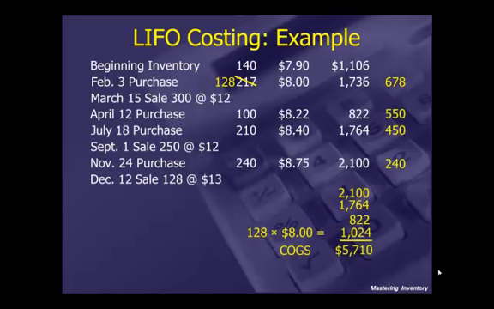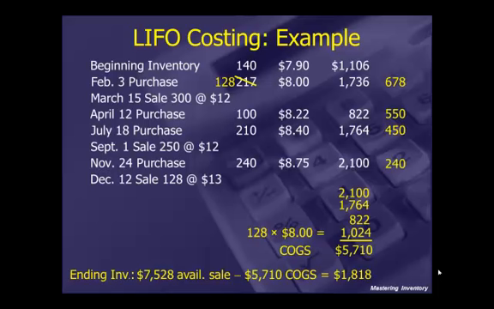That's a total of 5,710. The ending inventory is 1818 because what was available was 7,528. So the cost of goods sold and the ending inventory have to add up to what was available of 7,528.